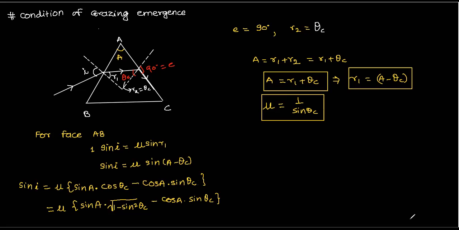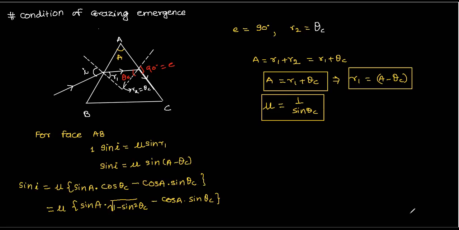Sine I is equal to mu into sine A under root 1 minus sine square theta C minus cos A sine theta C. Okay, right.